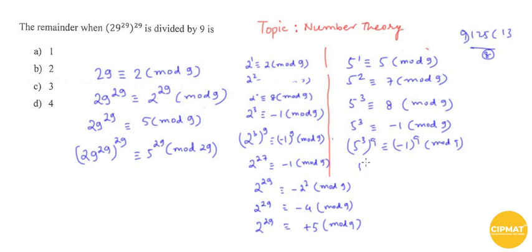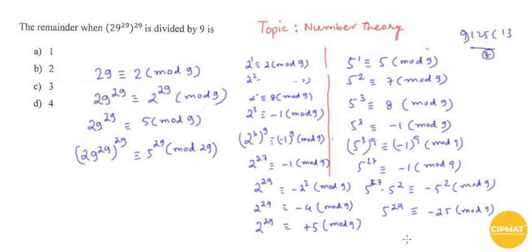So I have 5 to the power 27 congruent to minus 1 mod 9. Multiplying by 5 square, 5 to the power 27 times 5 square will be congruent to minus 5 square mod 9. So 5 to the power 29 is congruent to minus 25 mod 9.